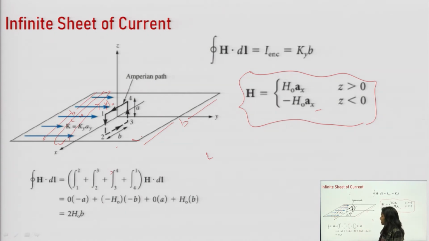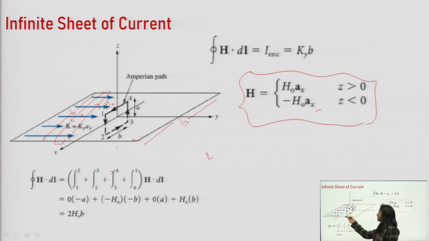Now we will analyze H and dl for each side. For example, from 1 to 2, in this direction H is almost 0. Why?